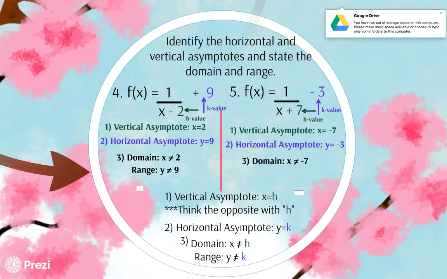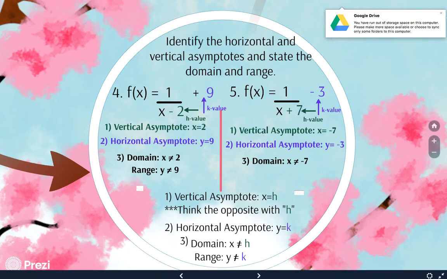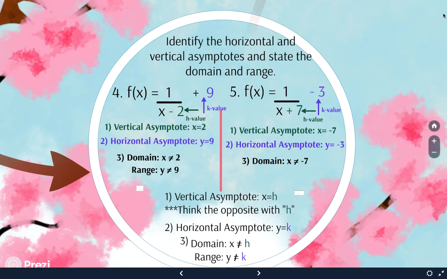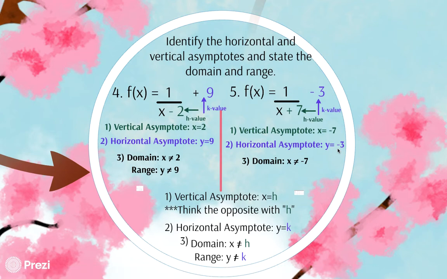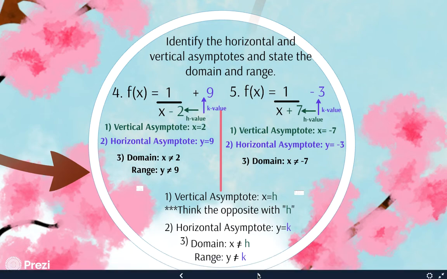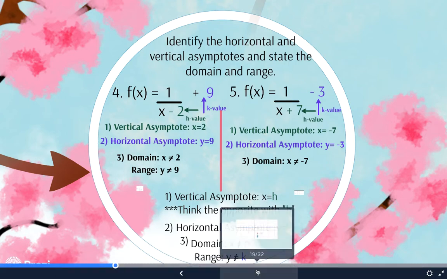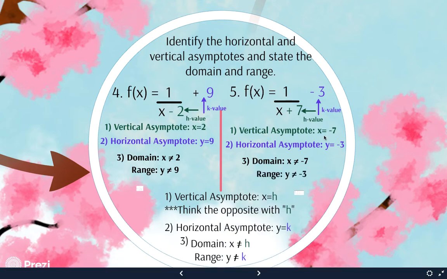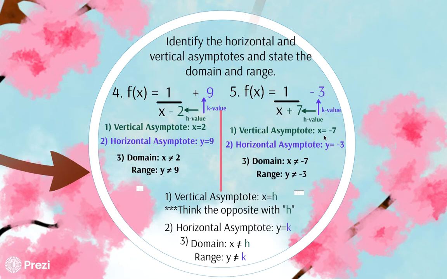And for our range, it's whatever the horizontal asymptote can't be. Since our horizontal asymptote is at negative 3, our range is y cannot equal negative 3. And that's it for example 4 and 5.